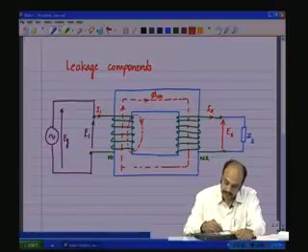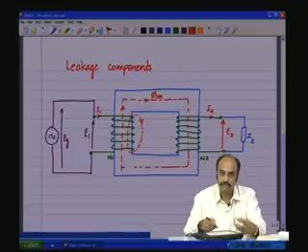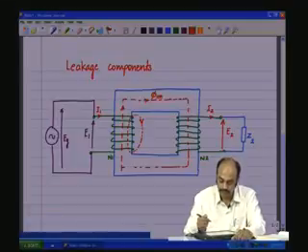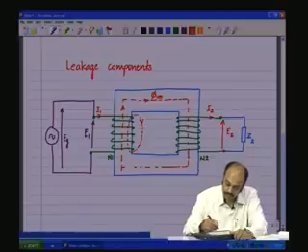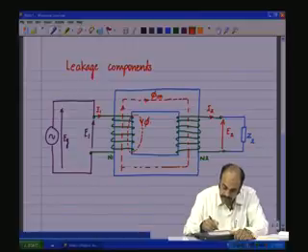Some of the flux is going to go through the core and some of the flux is going to loop back through the air, because now there is a finite Ni which can drive the flux through the air which has a lower permeability. Now, this flux we will call the leakage flux, which is not linking with the secondary.